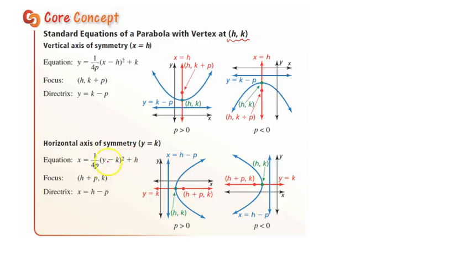Anytime it's inside the parentheses, you have to subtract the coordinate, and outside the parentheses, we add the coordinate. So the only thing that has changed from last time is these colorful little letters, right? All we're doing is shifting everything up and over.